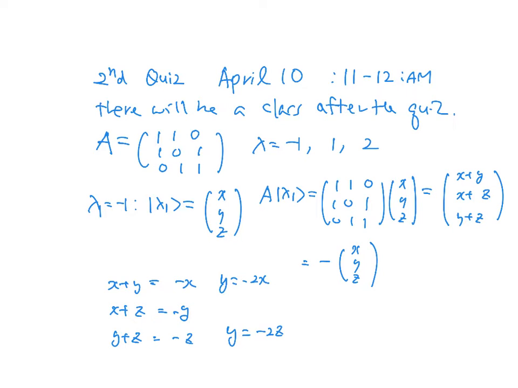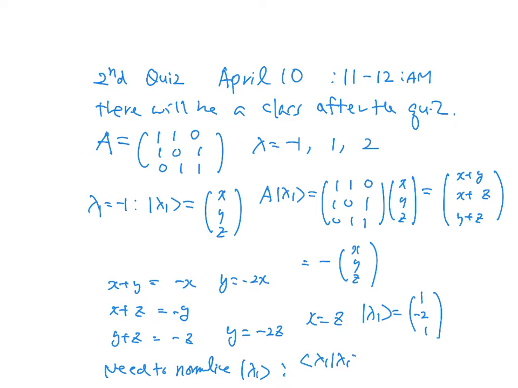So we can say that x equal to z, right? So tentatively, we can set lambda 1 as 1, minus 2, 1. But we need to normalize, right? Need to normalize.